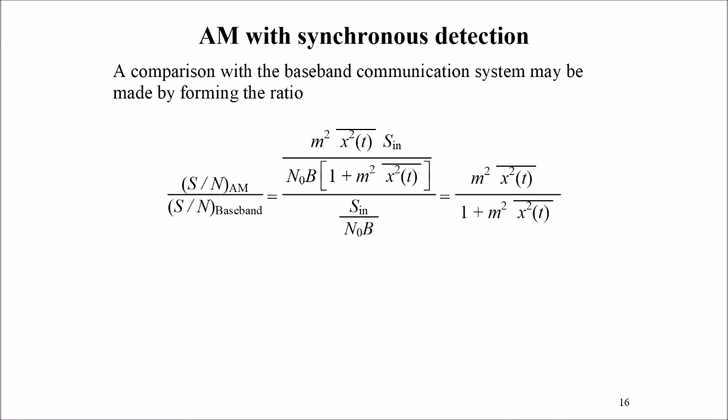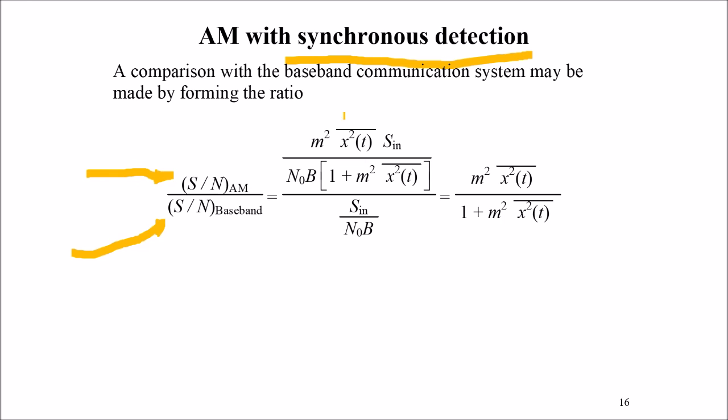So now I can compare the signal to noise ratio of AM with synchronous detection to the signal to noise ratio of the baseband modulation system, which is what we're comparing things to.